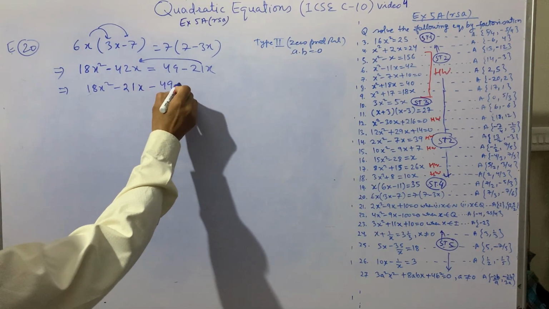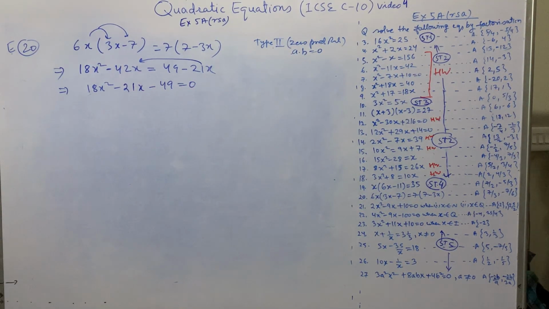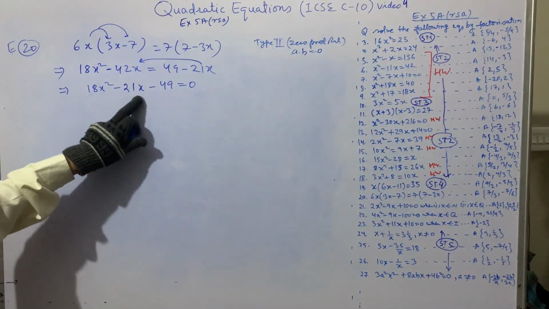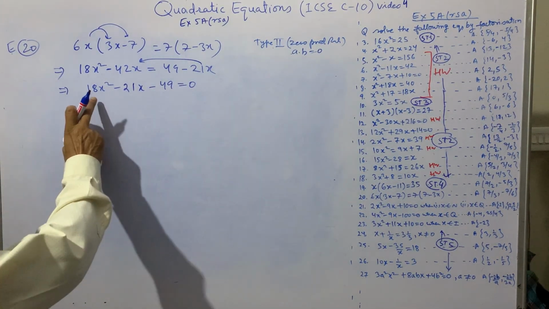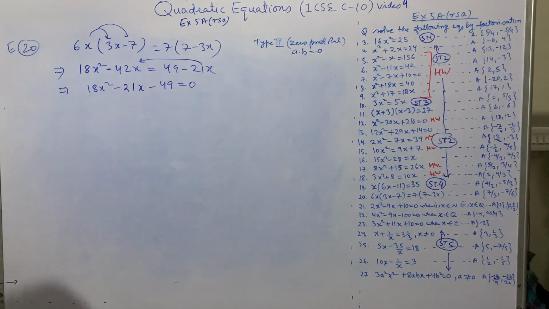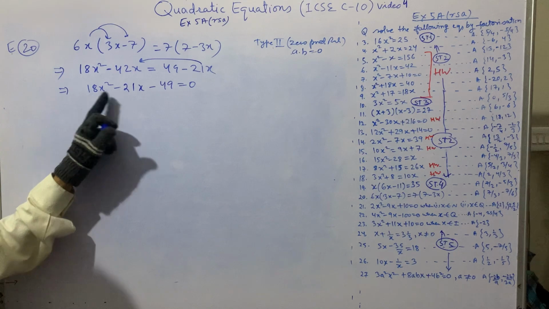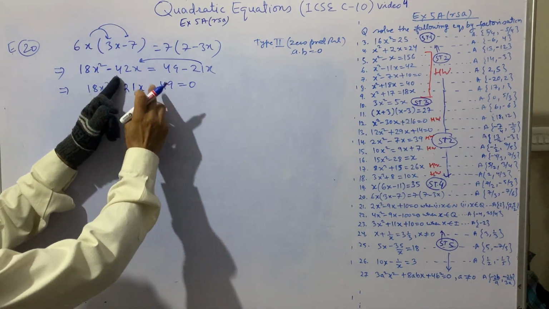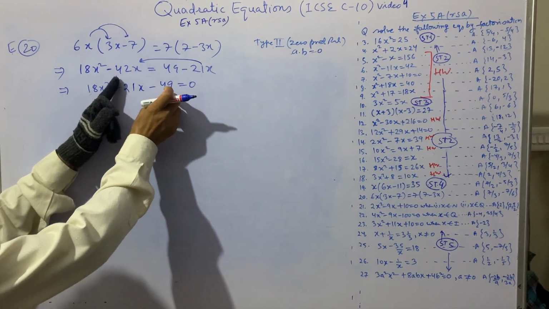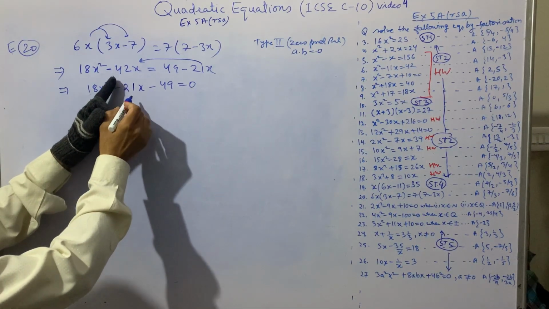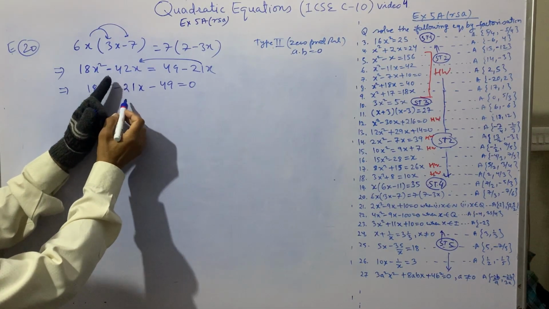Minus 49, shifting 49 towards the left, we're getting this, and now this becomes a quadratic equation, ax square plus bx plus c is equal to 0. Now we'll multiply a into c to get this b center point. But because c is negative, we will make its product, its parts, its factors to get 21 in the form of subtraction.